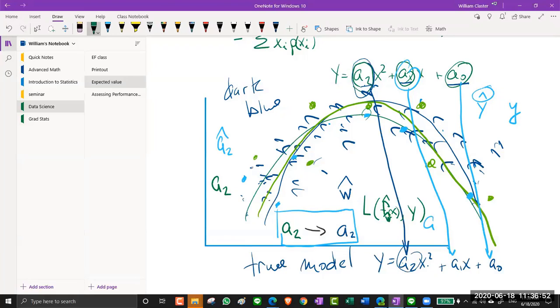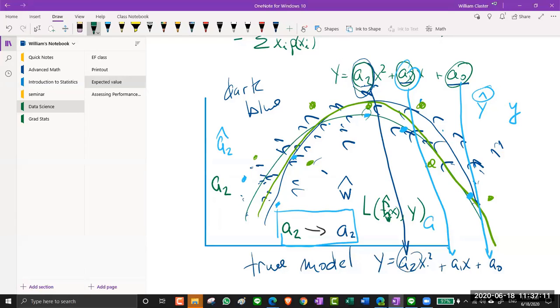And those give us a model, this dark green line. That's a model, but we said the true model is the dark blue line because that fits all possible data. And we can see that the dark green model is not the same as the dark blue model.